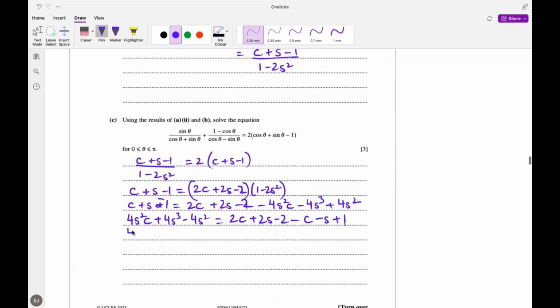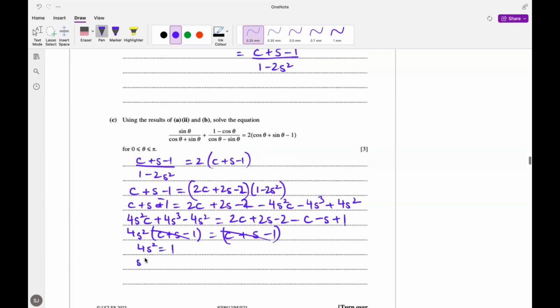Now taking 4 sin² common over here, we'll get a cos + sin − 1. So 2 cos minus cos will be a cos, 2 sin minus sin will be a plus sin, and minus 2 plus 1 will be a minus 1. So we can see that cos + sin − 1 will cancel with cos + sin − 1. If we cancel this out, this will be 4 sin² equals 1.